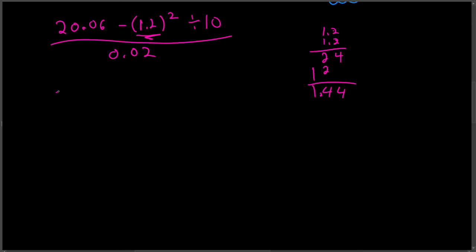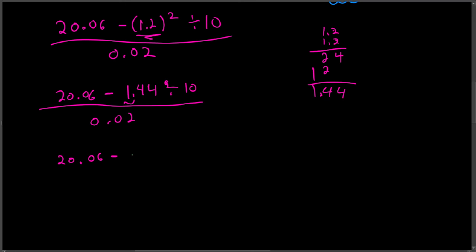So I'm going to rewrite everything, like writing out each step. Now I have a division upstairs, so it's going to take place before the subtraction. And I'm dividing by 10, so I'm going to move the decimal place over 1 to the left. It's 20.06 minus 0.144 divided by 0.02. Now, fraction bars are like having parentheses.